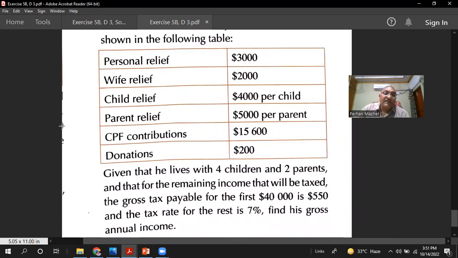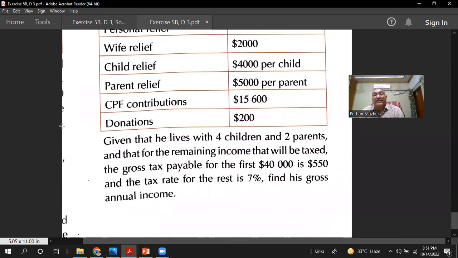Given that he lives with 4 children and 2 parents, and that for the remaining income that will be taxed, the gross tax payable for the first $40,000 is $550, and the tax rate for the rest is 7%. Find his gross annual income.